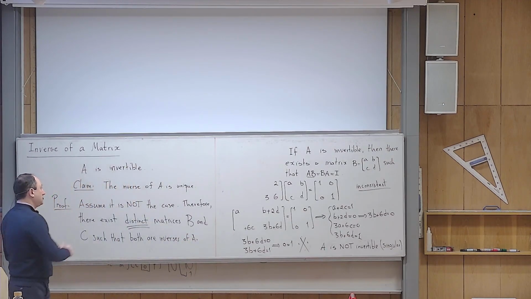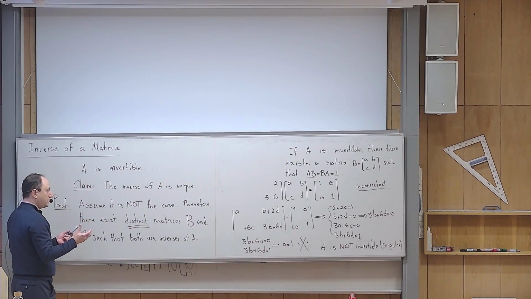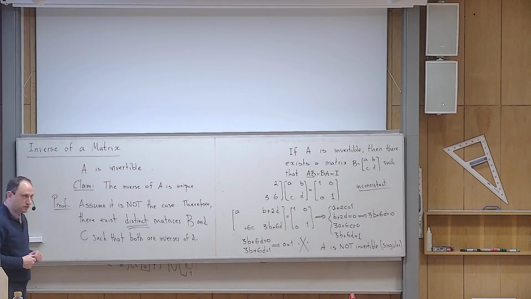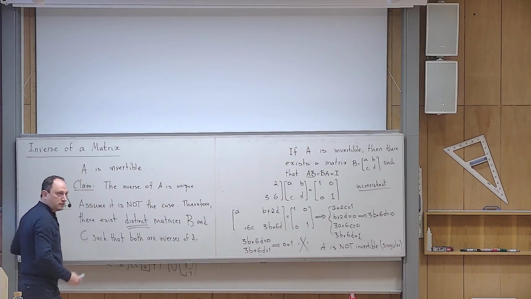So I am claiming that the inverse is unique. If you don't agree with me, then you have to agree that there are at least two distinct ones. Yes? Is that logical? Now let us explore the consequence of this assumption.